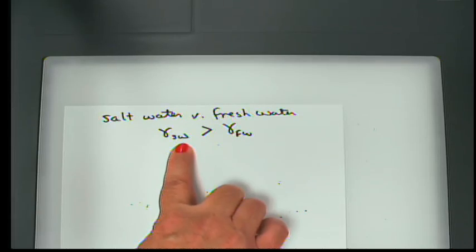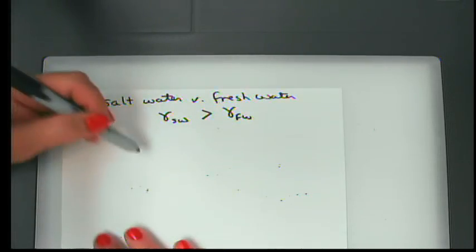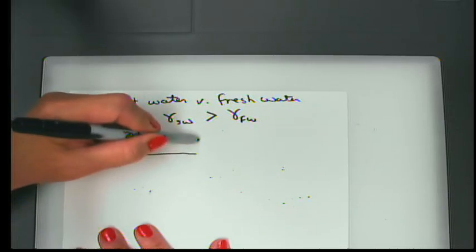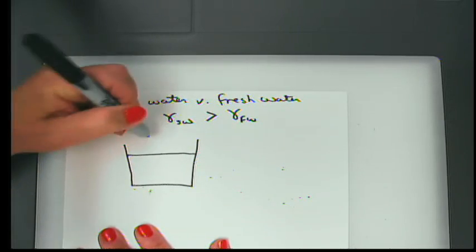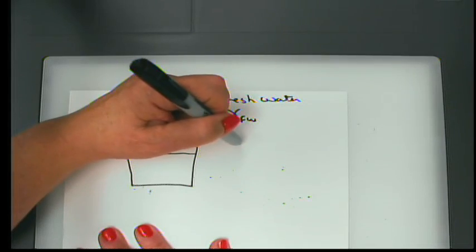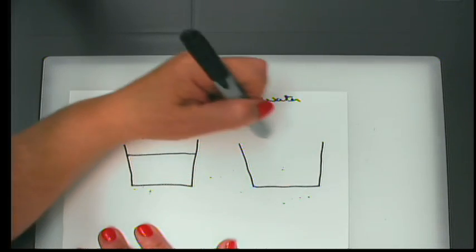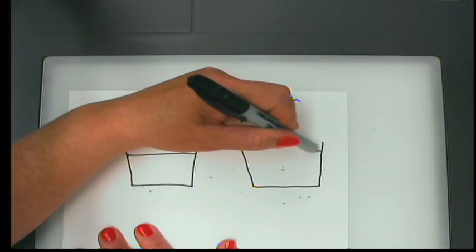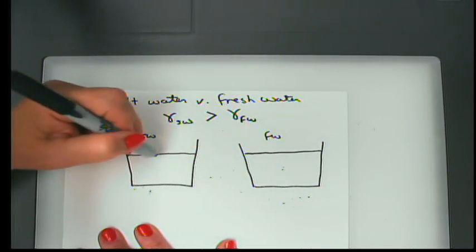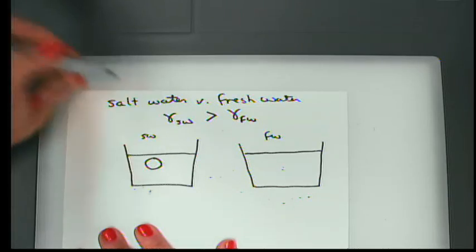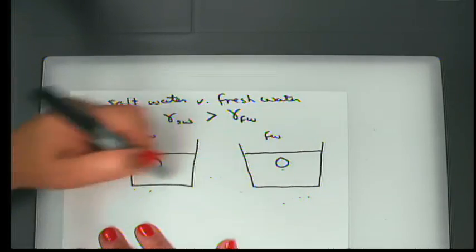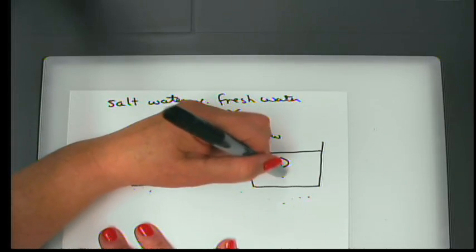So this gamma is greater. So if you take any particular object, let's put it in a vat of salt water, and let's put it in a vat of fresh water. We take our same object. Let's just put a ball. Okay? The weight of the ball remains the same in both cases, doesn't it?